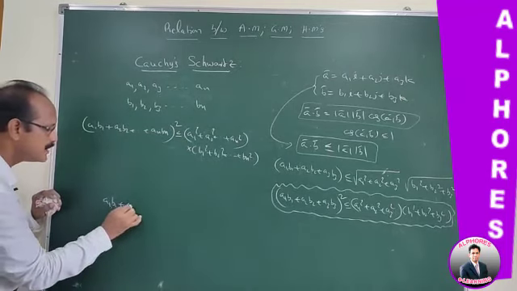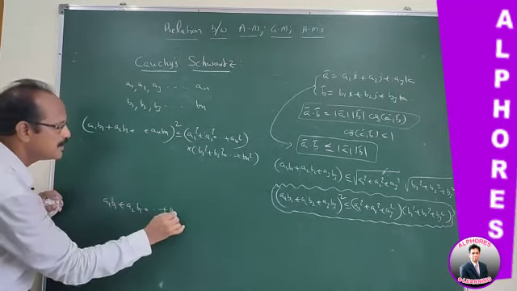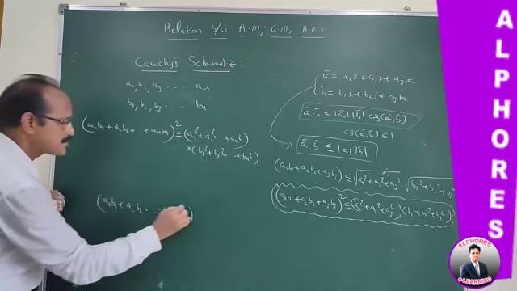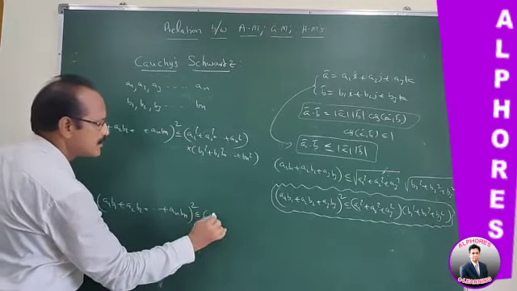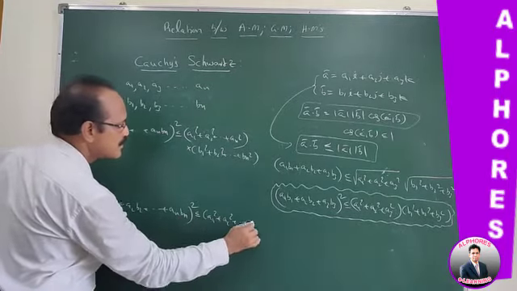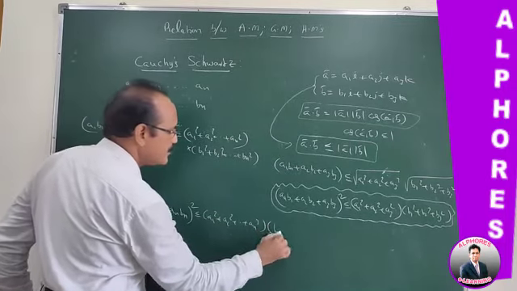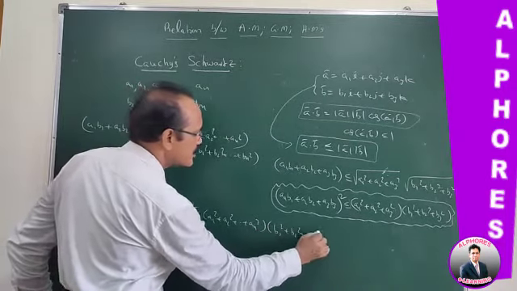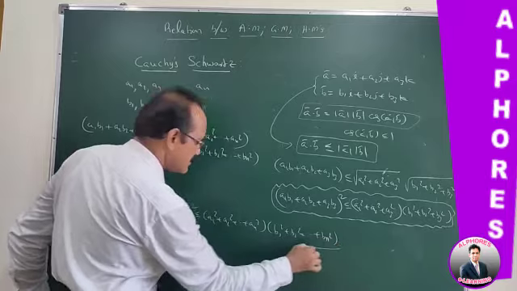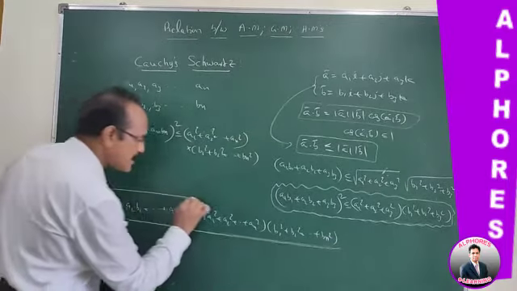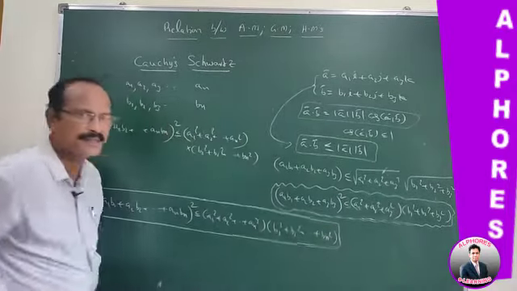I am writing this inequality again in this manner. (A1 B1 plus A2 B2 plus so on An Bn) whole square is less than or equal to (A1 square plus A2 square plus so on An square) into (B1 square plus B2 square plus so on Bn square). This is the Cauchy-Schwarz inequality in algebra.